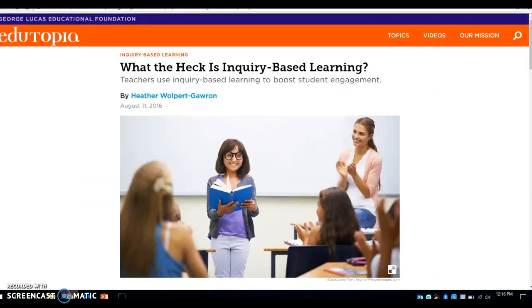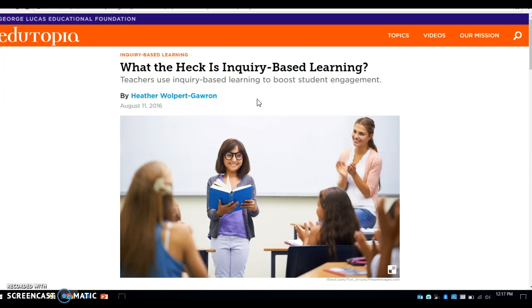So the first one is an article on inquiry-based learning. So this is a connection that I made in critical reading, or reading critically, excuse me. I think pedagogically often, and I see direct connections with reading critically as myself as the teacher with my students.